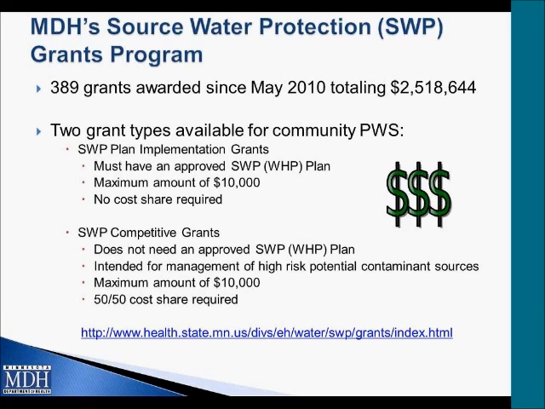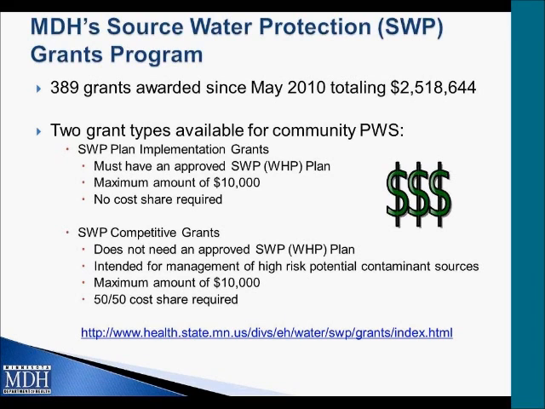during grant reviews. A second type of grant that's available is what we call a Source Water Protection Competitive Grant. A public water supplier does not need to have an approved wellhead plan in place to be eligible for this kind of grant, but sometimes an issue either develops after a plan has been approved or simply wasn't recognized at the time.